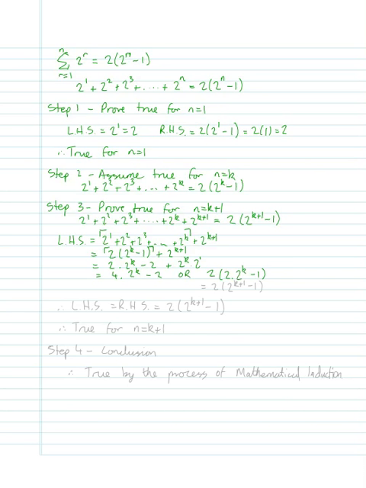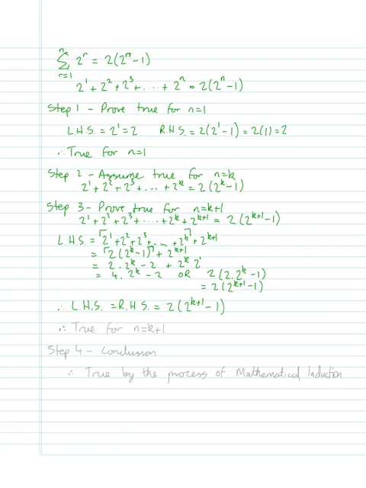Okay, if you do it that way, of course, you can simplify it even further and get 2 outside of 2 to the k plus 1, take away 1, and you'll notice that we've now reached the right hand side. So we've worked the left hand side till it got to the right hand side, and so therefore the left hand side equals the right hand side, which is equal to 2 outside of 2 to the k plus 1, take away 1, and all of that proves that it's true for n equals k plus 1.